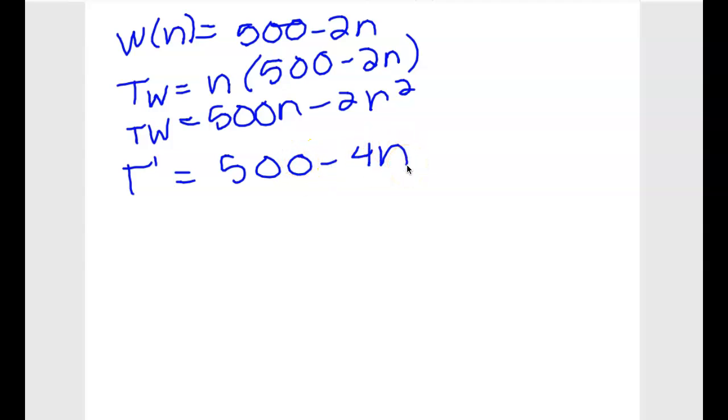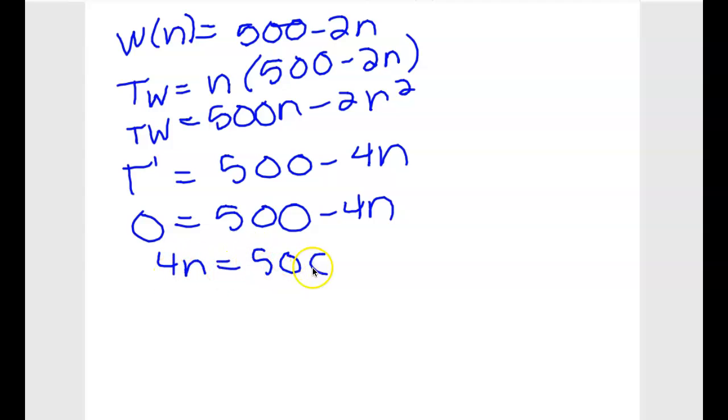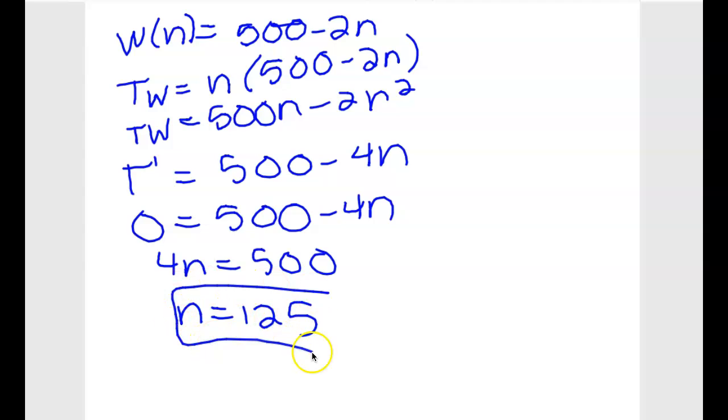So to maximize total weight, you set 0 equals 500 minus 4n, or 4n equals 500. Therefore, when there are 125 fish, the weight will be maximized.